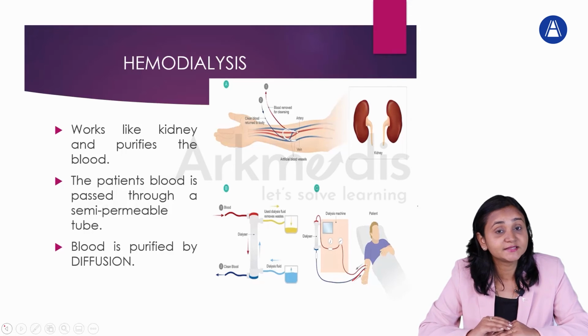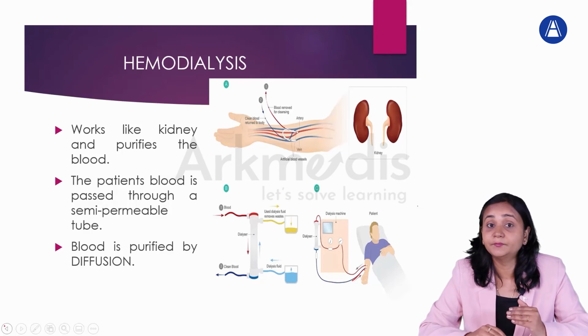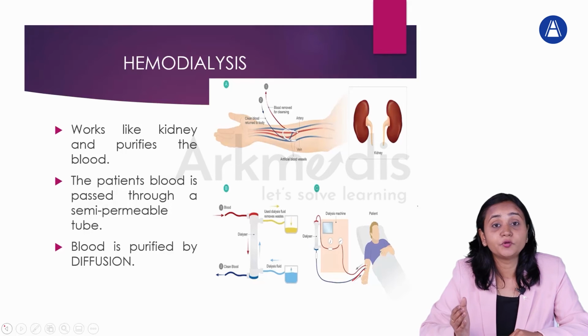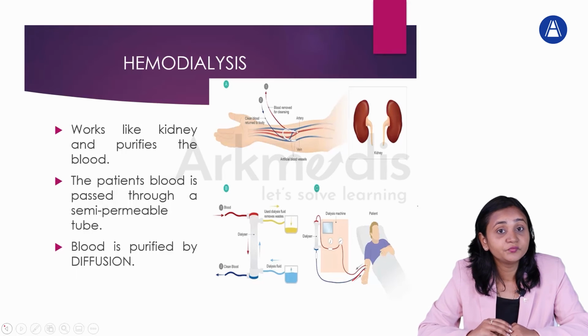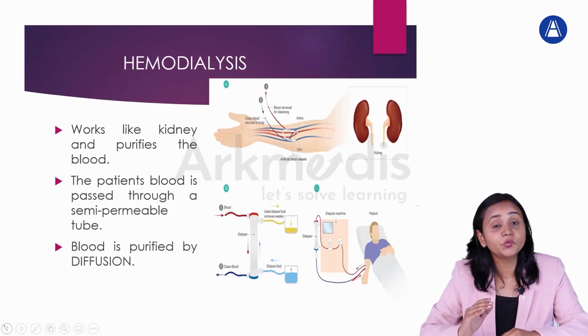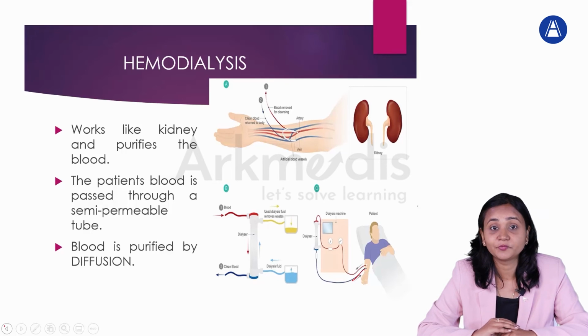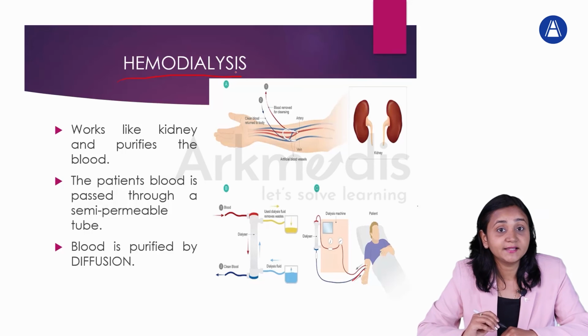It purifies the blood because the blood of a human being contains many excretory products of metabolism like ammonia and other metabolic waste, and the accumulation of these wastes might prove detrimental for the patients. So, such patients in whom the kidney doesn't function properly have to undergo this process of hemodialysis.